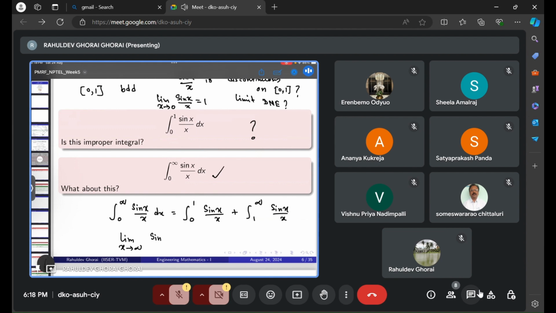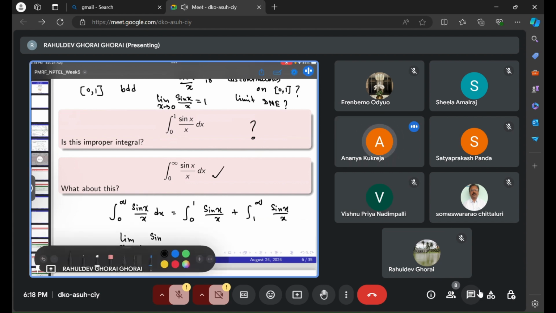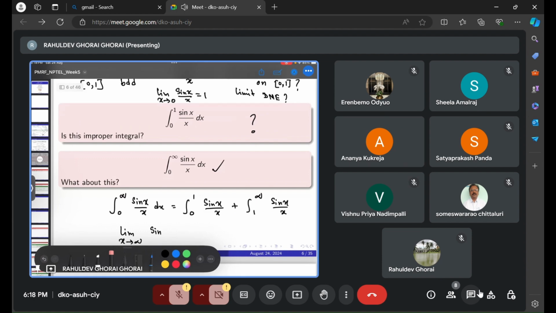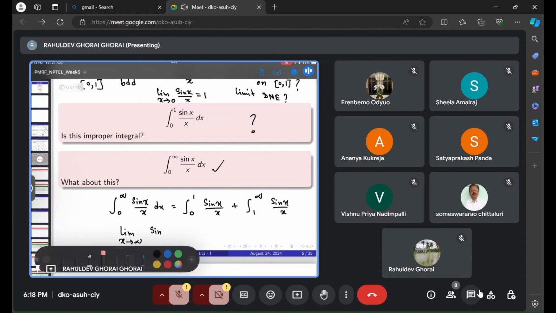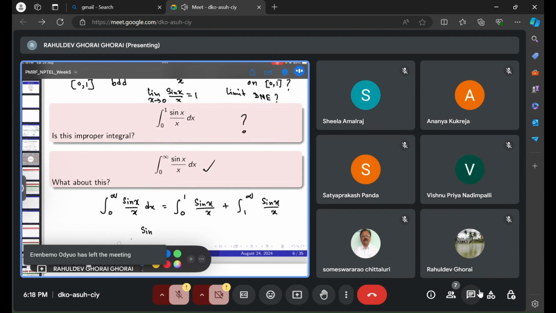Sir, the interval in which we have to calculate, that is not bounded. Why is that so? What do you mean by limit is not bounded? Does the limit exist or not exist? Limit is unbounded means? Limit does not exist.